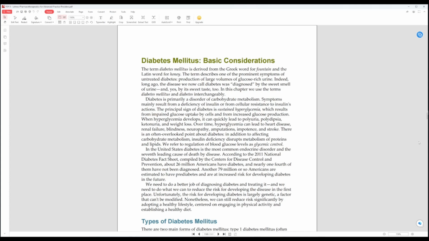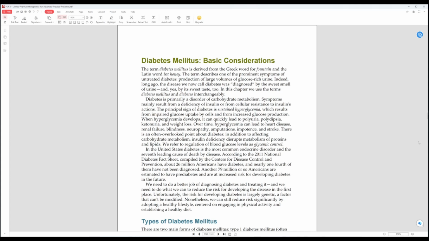About 26 million Americans have diabetes, and nearly one-fourth of them have not been diagnosed. Another 79 million or so Americans are estimated to have prediabetes and are at an increased risk for developing diabetes in the future. We need to do a better job at diagnosing diabetes and treating it, and we need to do what we can to reduce the risk for developing the disease in the first place.